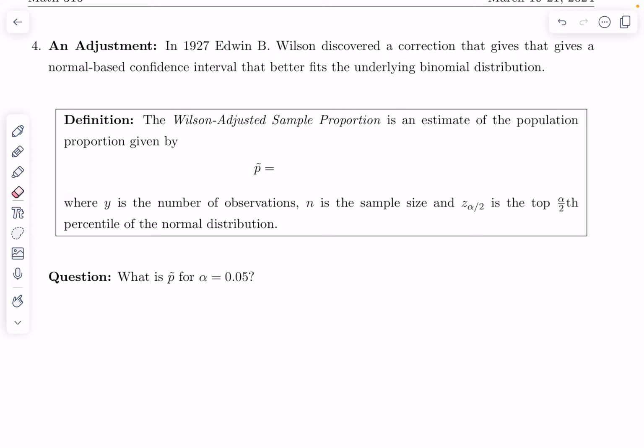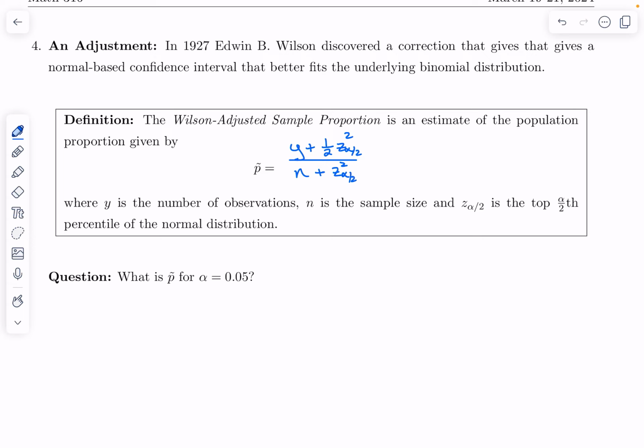And p tilde is y in the numerator and n in the denominator. But here in the numerator, we're going to add 1/2 z sub alpha over 2 squared. And in the denominator, we're going to add z sub alpha over 2 squared.